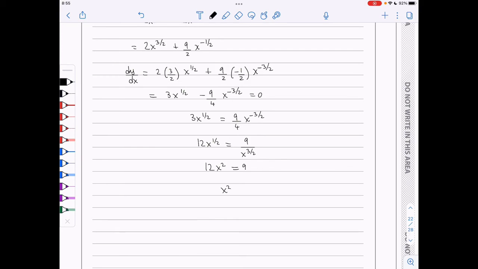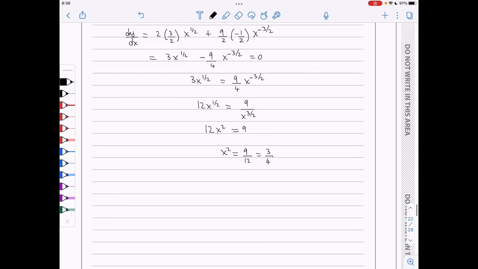So x squared is 9 over 12, which is 3 over 4, which means that x is the square root of 3 over 4. I'm not putting a plus minus because x is greater than 0, so this is just root 3 over 2, since x was greater than 0.